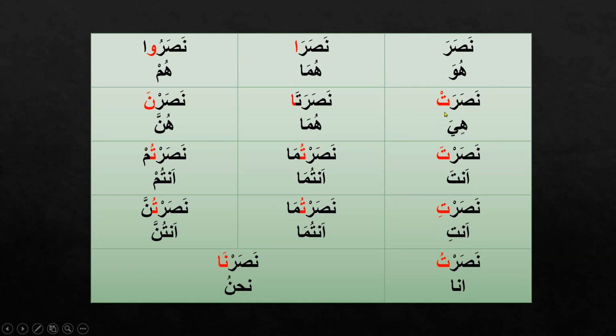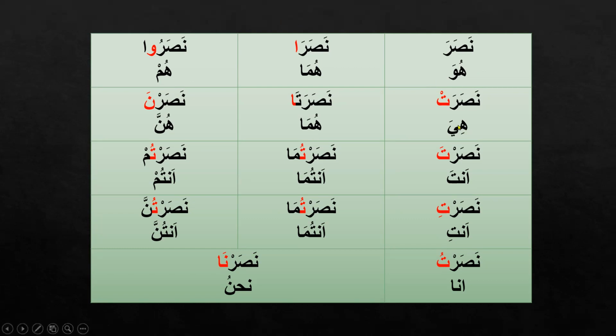This ta is not a fa'il, because here the pronoun huma is denoted by alif, and here the pronoun hum is denoted by wow. So here the fa'il is hidden, right? So this ta is ta ta'nith. It is extra, and you know that the root letters are the same: Nun, Sad, and Ra.